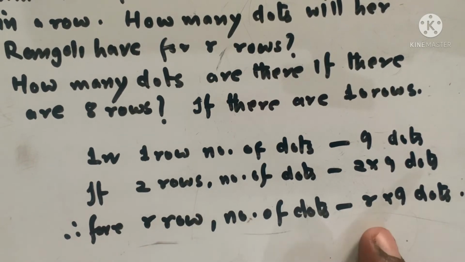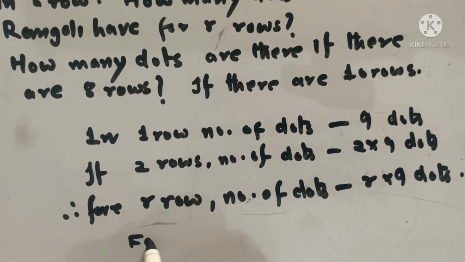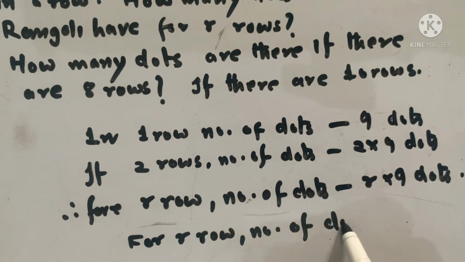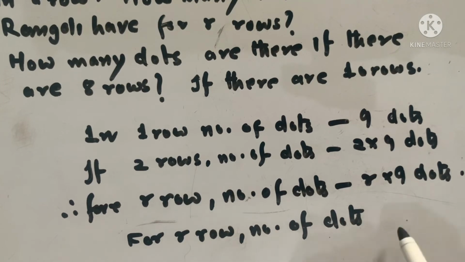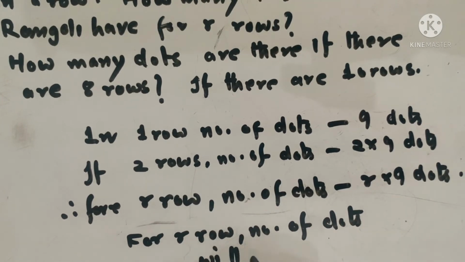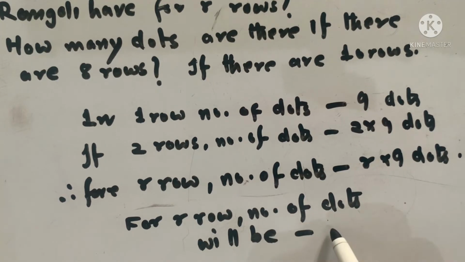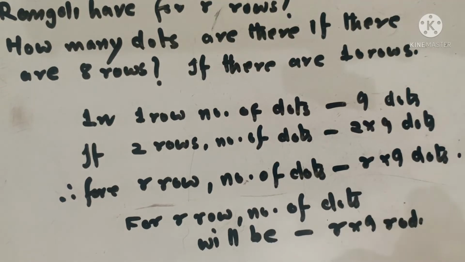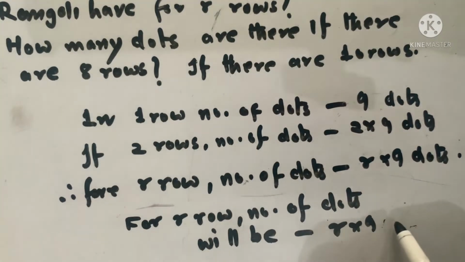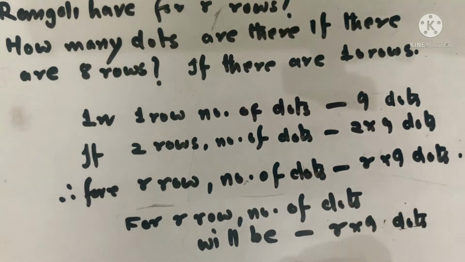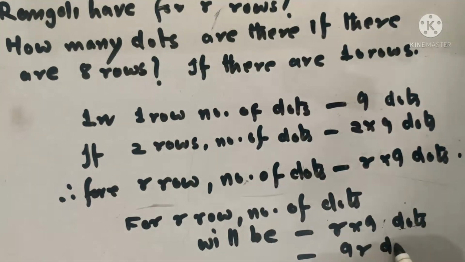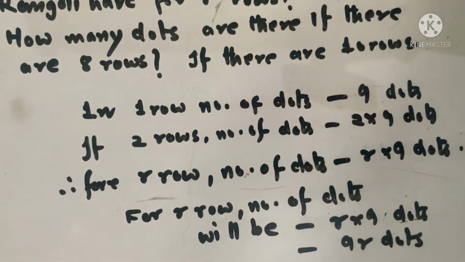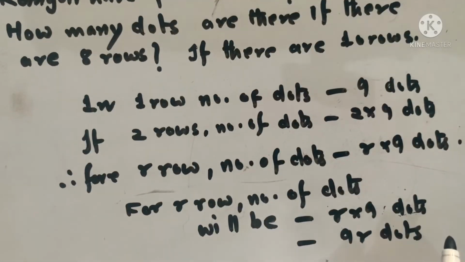For R rows there will be R into 9 dots, which means 9R dots.